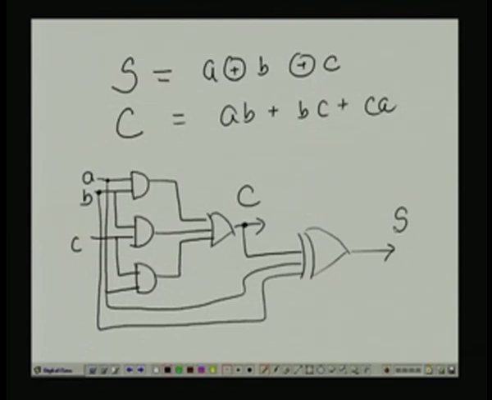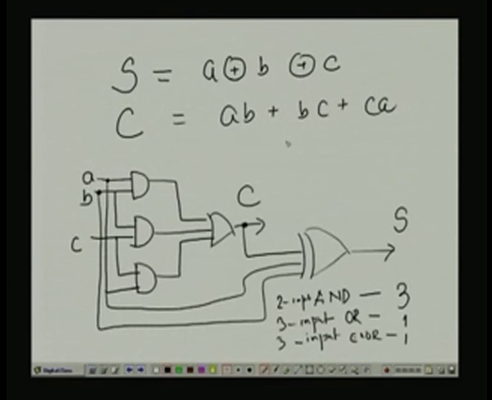So, this is also another kind of realization where the AND gates are needed, and these are 2 input AND gates. The number of 2 input AND gates needed is 3, one 3 input OR and one 3 input XOR. A 3 input OR gate we can realize by 2 input OR gates.